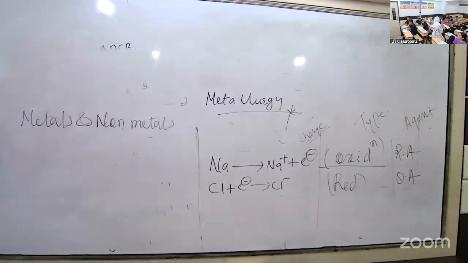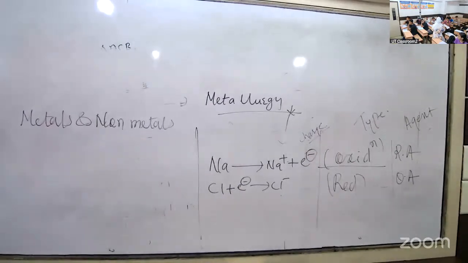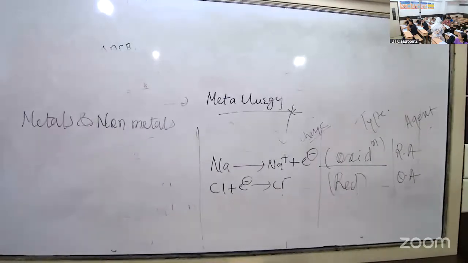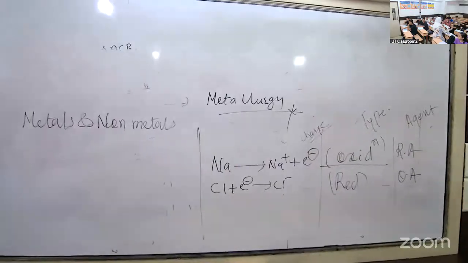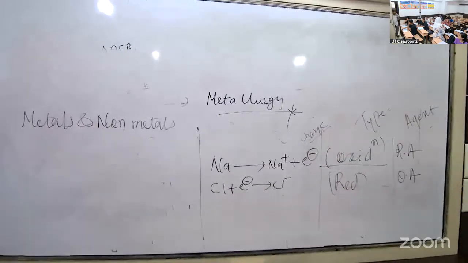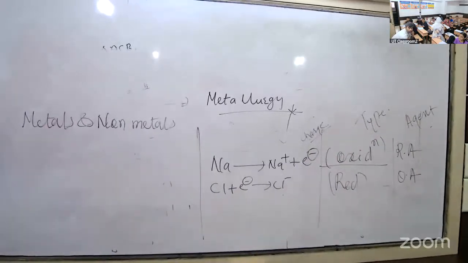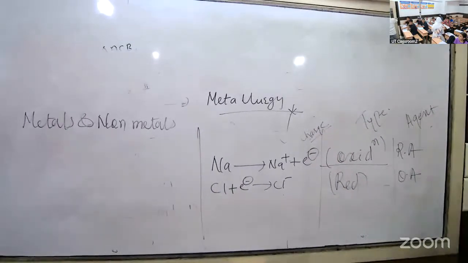So in future, if you are working in any lab, or if you are doing practicals in lab for class 11, be careful. Sodium metal should not be kept open. The reason you have already learned in class 9 and now we are in class 10: sodium metal is very reactive.